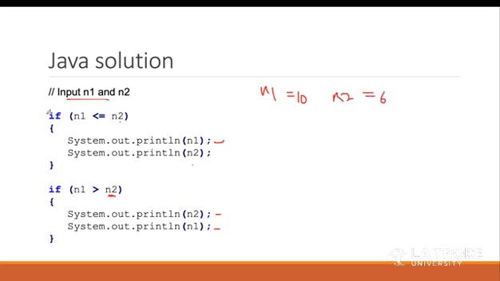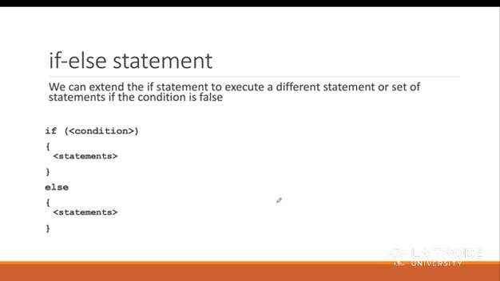So if n1, which is 10, is less than n2, which is 6, which is not correct because 10 is not less than 6, so this part will be skipped and it will come to this part and check that. So n1, which is 10, is greater than 6, so the condition is true. These two statements will get executed and you'll get output based on that.